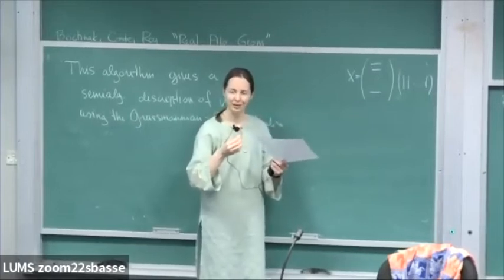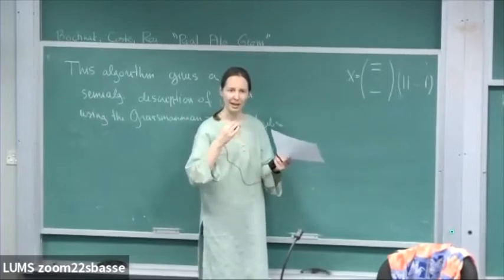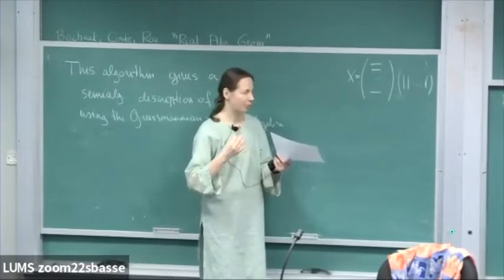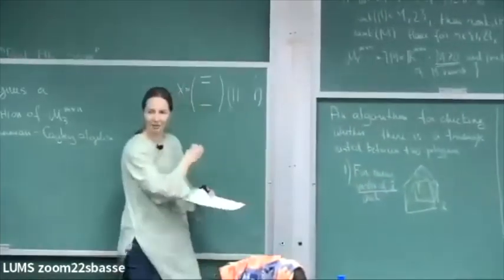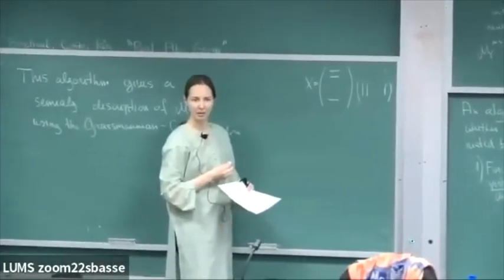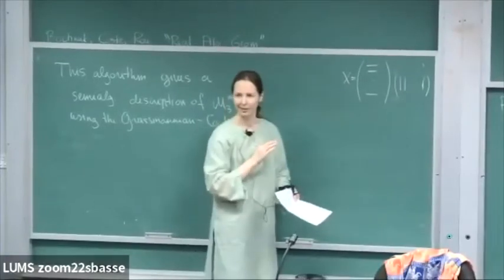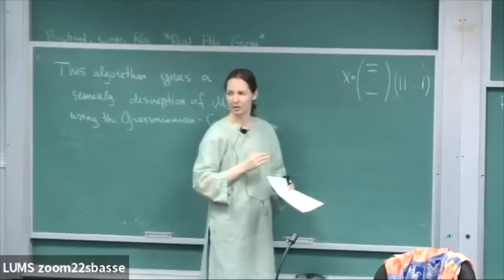And then, using this Grassmannian-Cayley algebra, where the elements are lines and points and we have these operations, this algorithm can be translated to a semi-algebraic description. But it's really something that would take me at least, let's say, one lecture to explain how to do this translation.